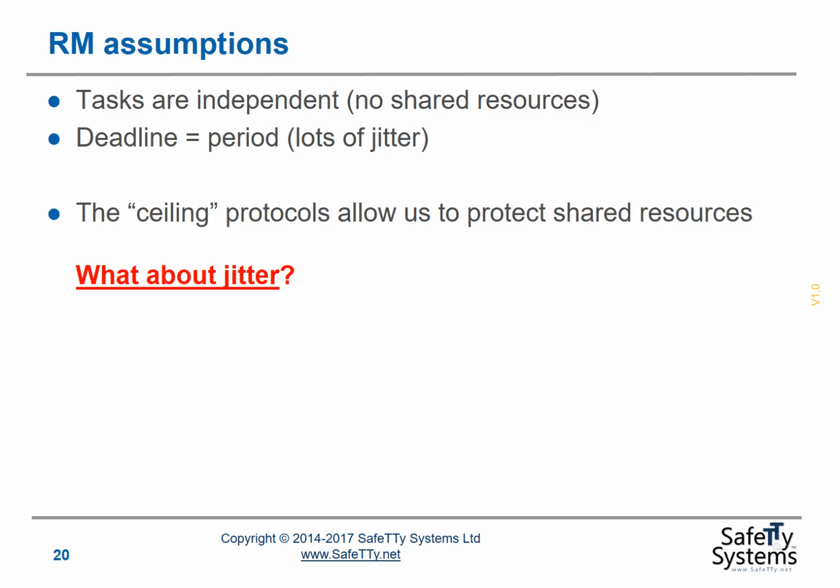And then we're saying that the deadline is equal to the period in an RM model, and this introduces a great deal of jitter. So overall, our simple model of RM scheduling with a conventional RTOS doesn't always translate terribly well into a practical design if we require precise control of the task timing.